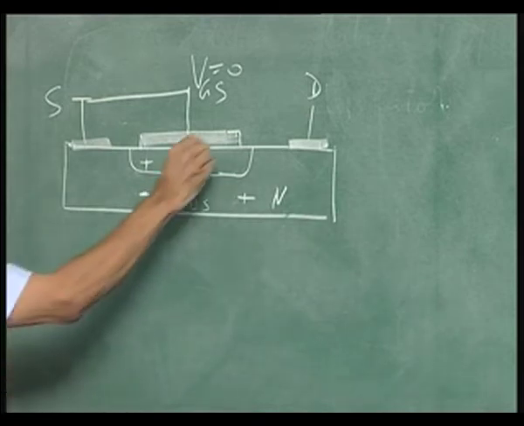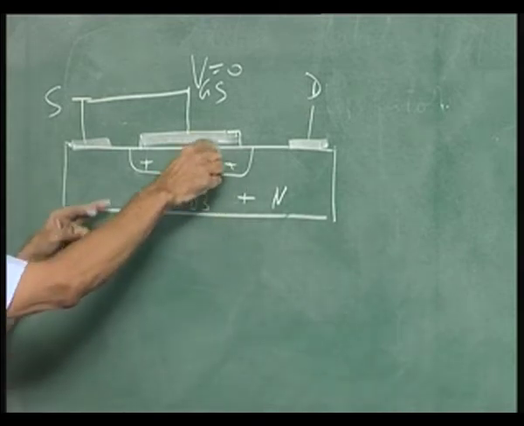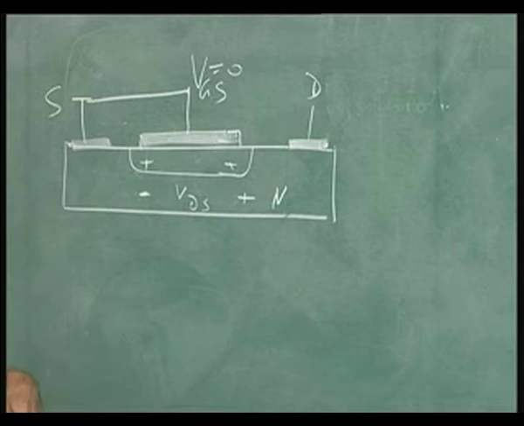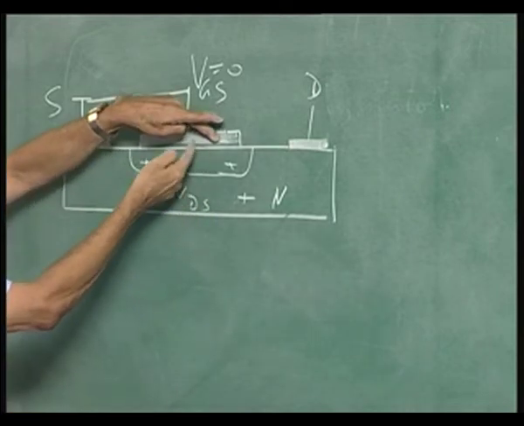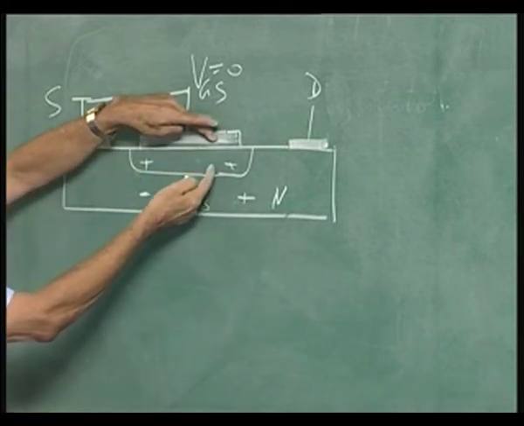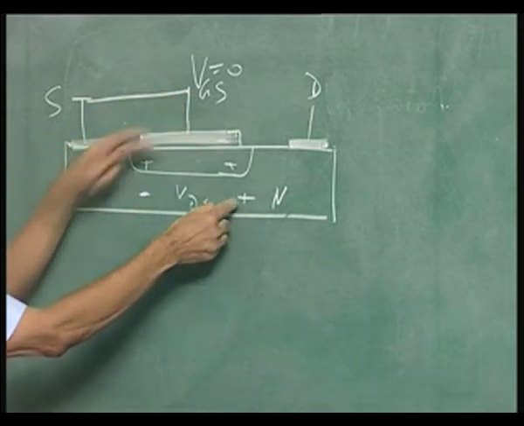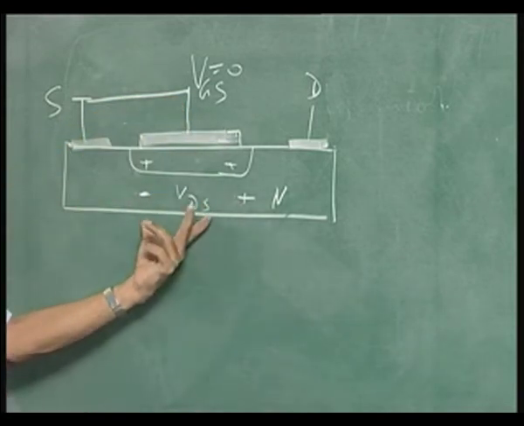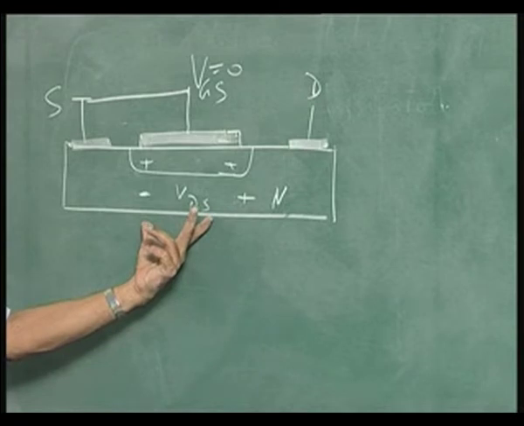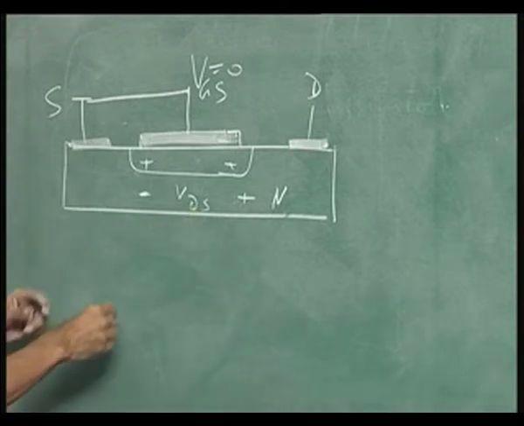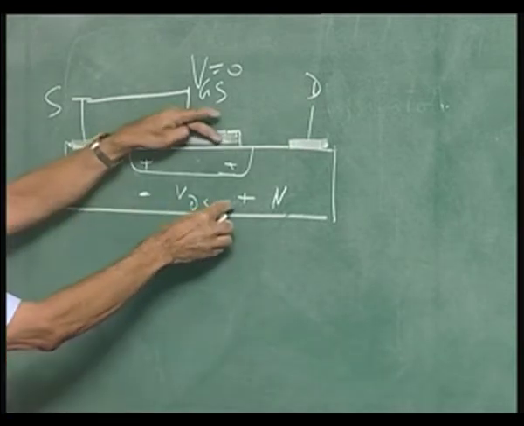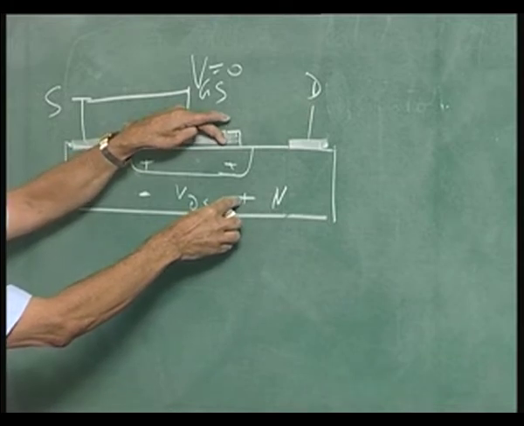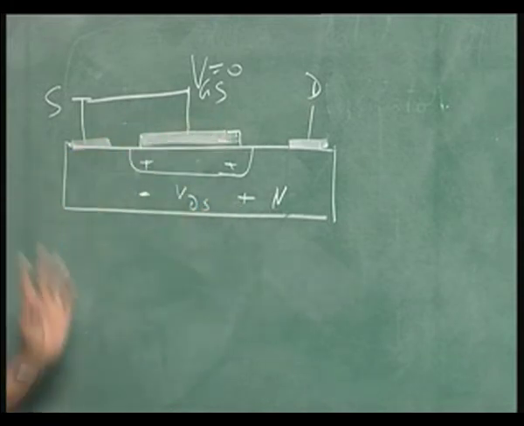So the total potential drop is one drop here, another drop in this direction, and this drop adds on to that. So you have a voltage drop which is equal to VBI plus VDS here.